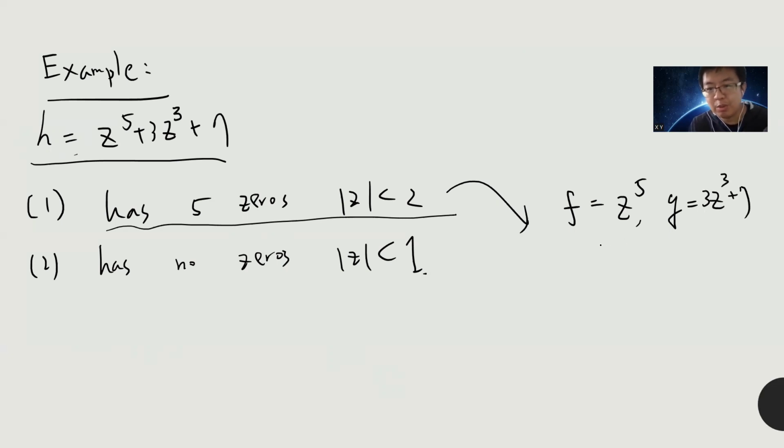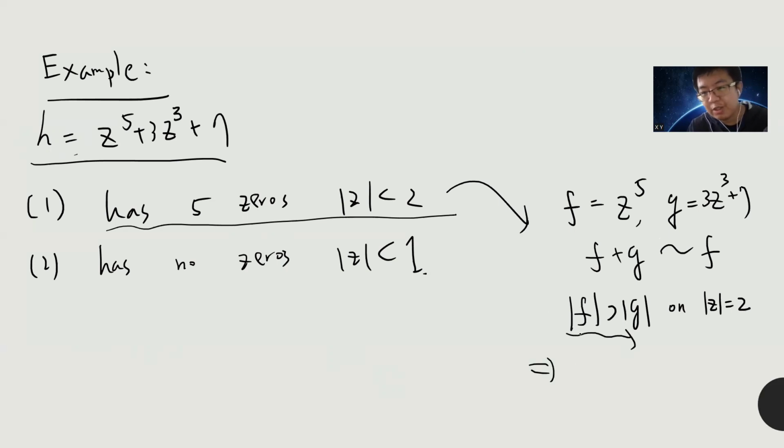So by Rouche's theorem, I want to say that f plus g has the same zeros as f. So all I need to show is that |f| is greater than |g| on |z| equals 2. But this is simple. z to the 5 is 32, exactly greater than 3 times 2 cubed plus 7, because this is 31. Done. Very simple.